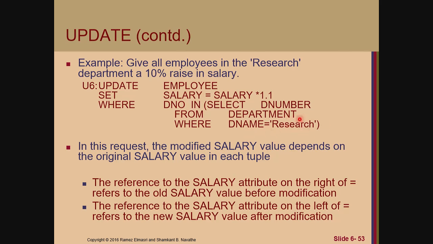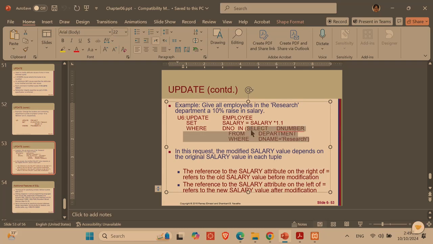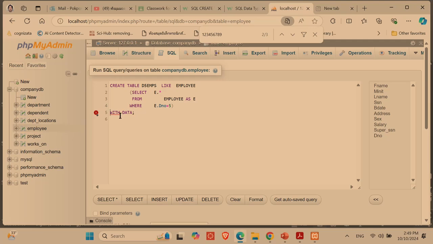And then we list the D number, and we change the employees who have a number in this list. In the select here, the result is like a table. Actually, this is a table. You can separate it and run each command first.